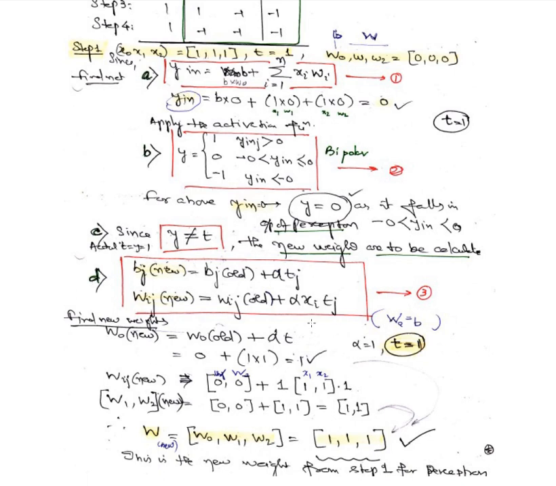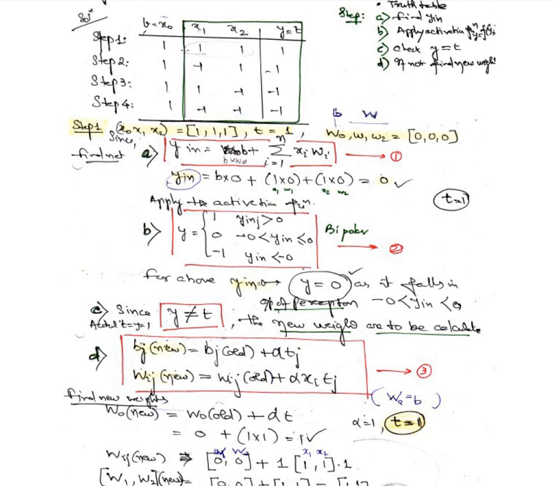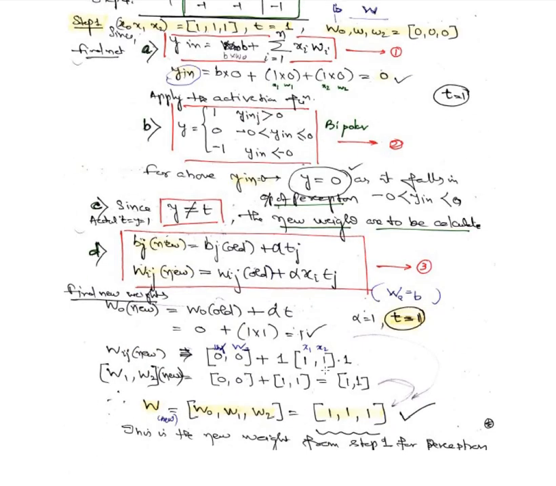What is x_i? x_i is nothing but x1, x2, so we put 1, 1 here. With this, multiplication and addition, you got W1, W2 new. So what are the 3 new weights? 1, 1, 1. So W new is equal to 1, 1, 1, and W old was 0, 0, 0. You have seen the change in weight.